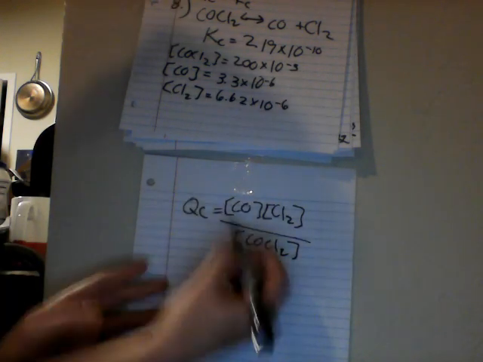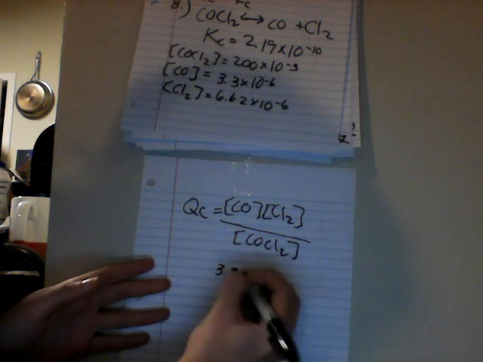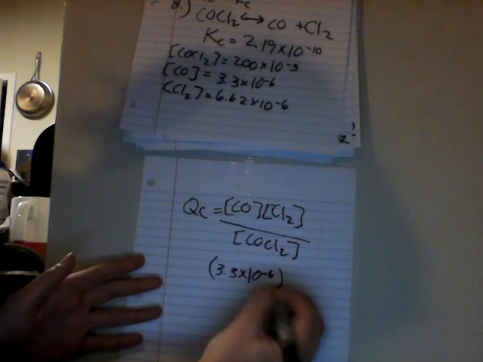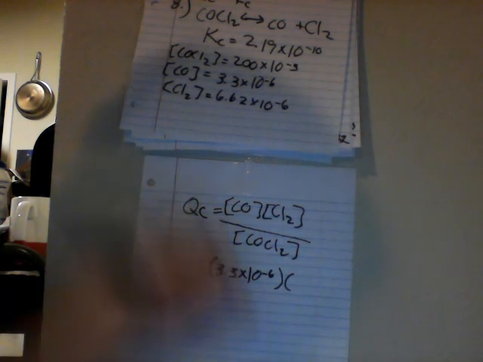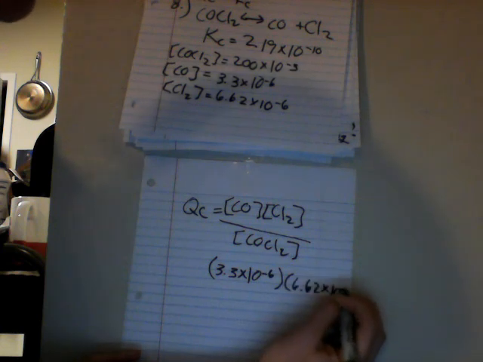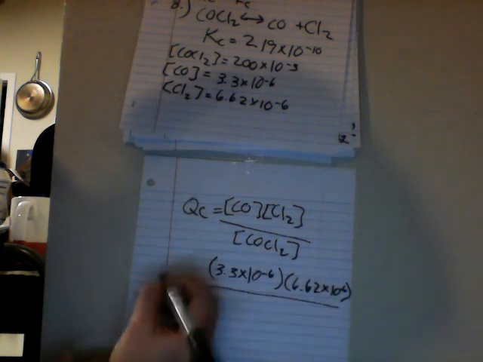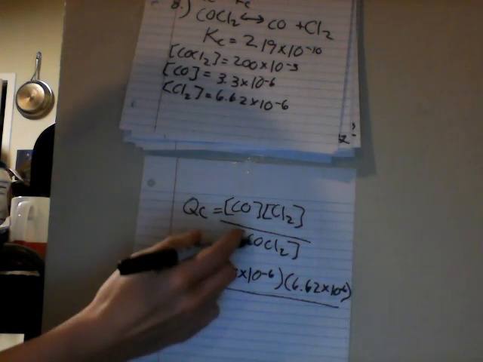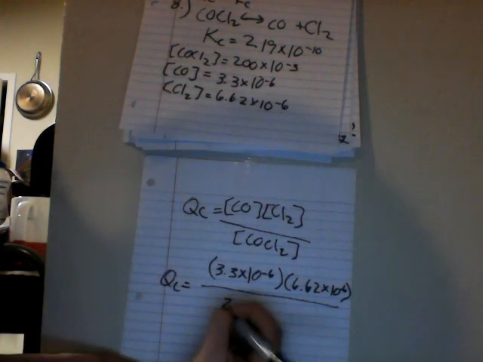So CO is just that 3.3, carbon monoxide, times chlorine gas, which is that 6.62 times 10 to the negative 6, and then over that value.